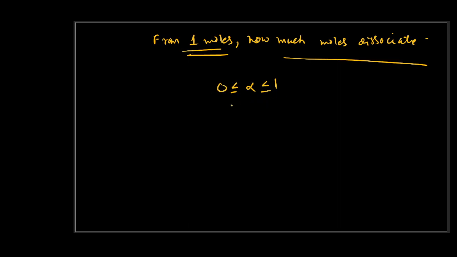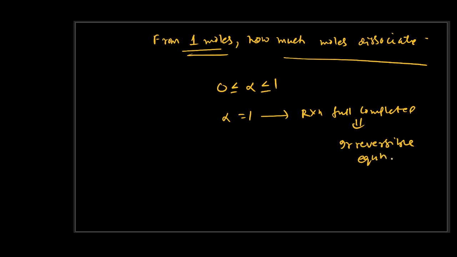If alpha equals 1, then the reaction is fully completed, that is for irreversible reactions. We will not study those in equilibrium, because for irreversible reactions equilibrium is not achieved. And if alpha equals 0, then the reaction does not proceed.